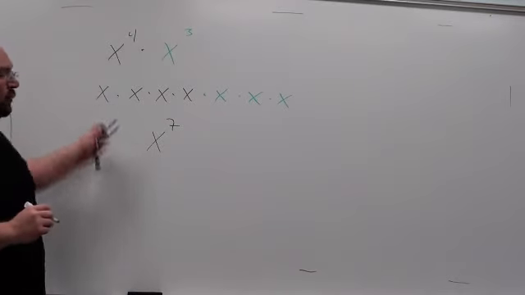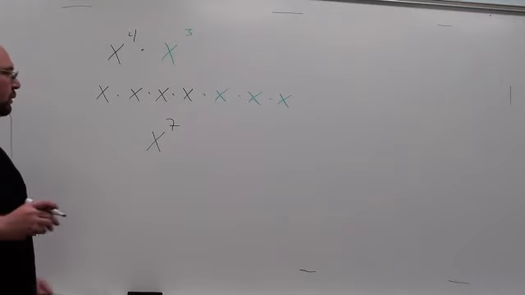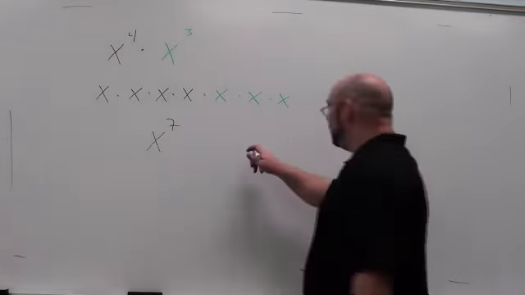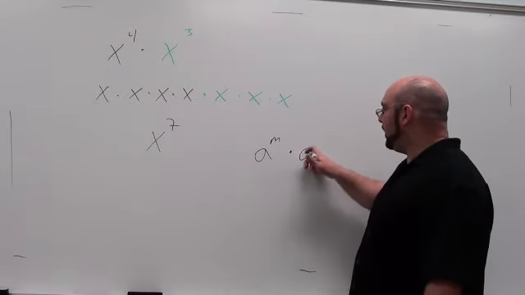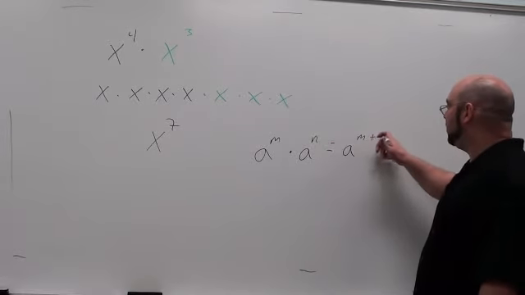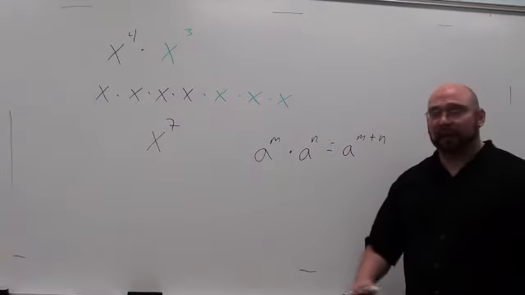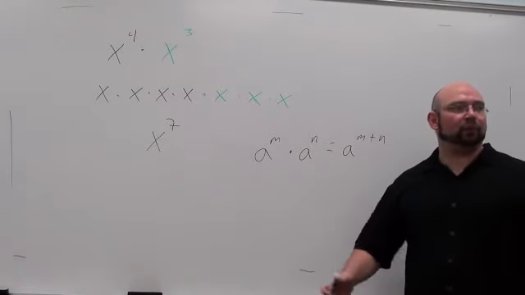If we think about what's going on here, we can come up with our rule. Our rule is simply a to the m times a to the n is equal to a to the m plus n. Notice my bases are the same. The bases have to be the same for this to work.